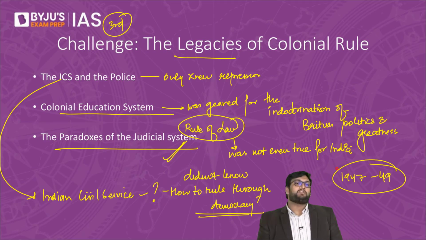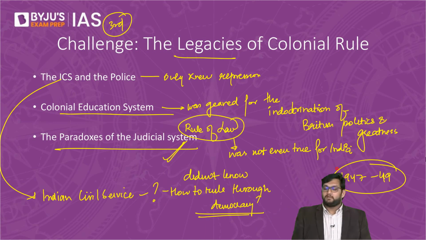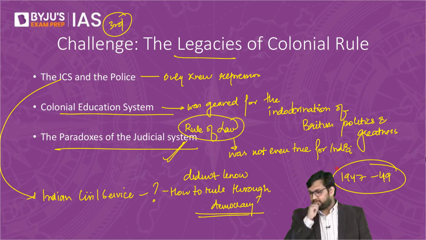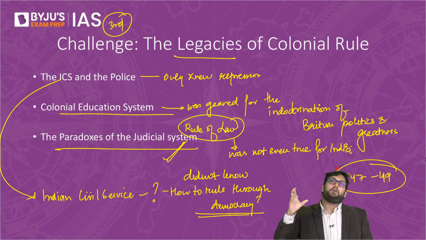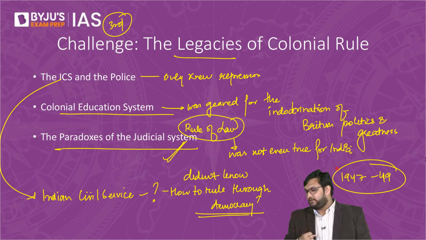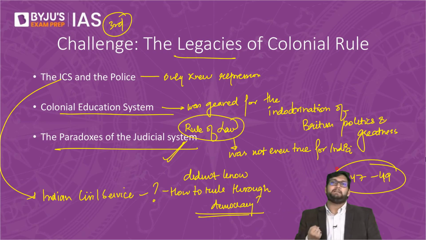Which meant that we had to now restructure everything. And this is not something which makes sense. Because the education system only talks about British Western power, British Western greatness. The education system is not there to talk about Indian culture. It's not there to bind India but divide India.